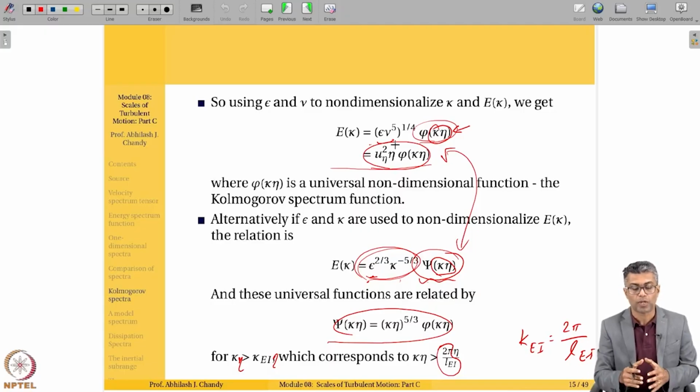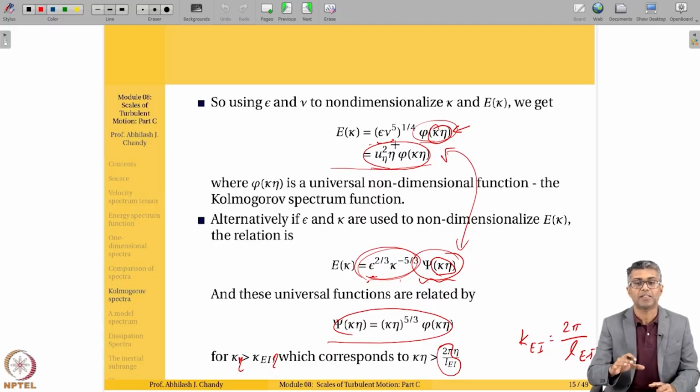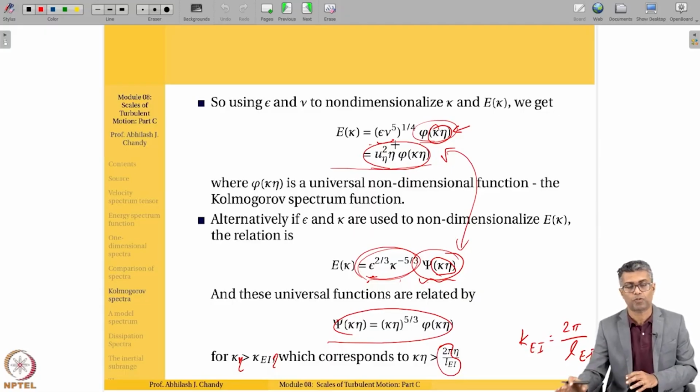So that is what we are doing here. So you have E(kappa) is epsilon nu to the fifth to the 1/4, and then this universal non-dimensional function, which is psi of kappa eta, which is a Kolmogorov spectrum function. That's what we started with, right, in this whole exercise.